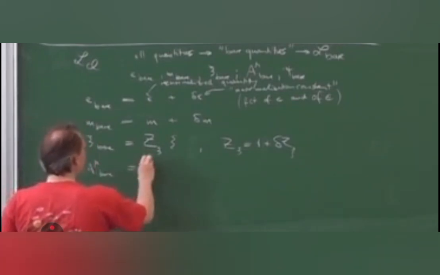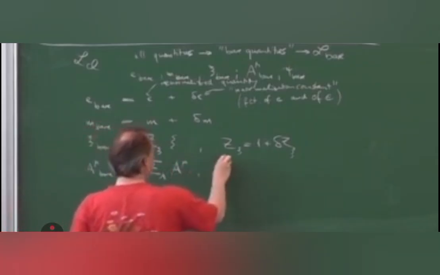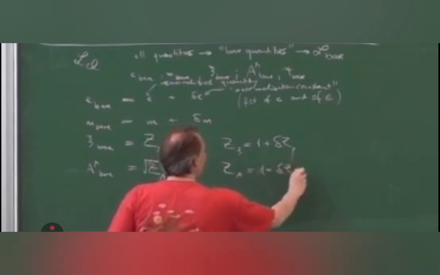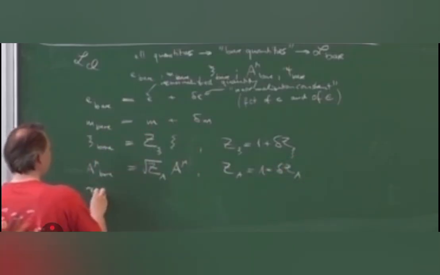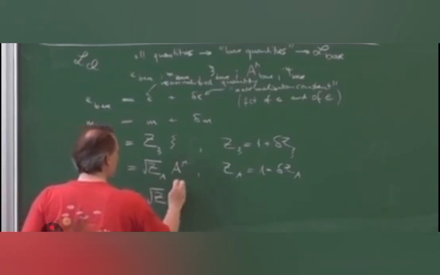And for the fields we write A mu bare is given as square root of Z A times A mu, and again Z A is given as 1 plus delta Z A. And for the electron field, psi bare is given as square root of Z times psi, where Z is given as 1 plus delta Z. And then we have here our list of bare quantities, renormalized quantities, and renormalization constants.